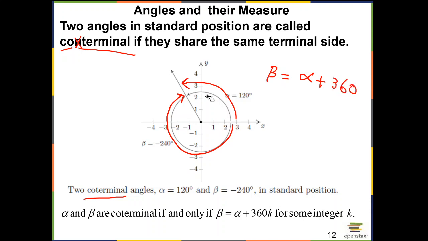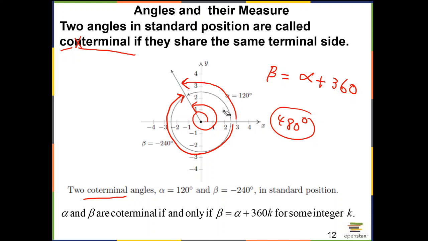So if I have, let's say, 120, I'm going to go this way one time, 360, and then come over here. So it's 360 plus 120, that's 480. So 480 is coterminal to 120.